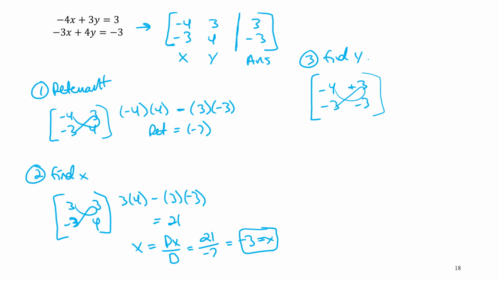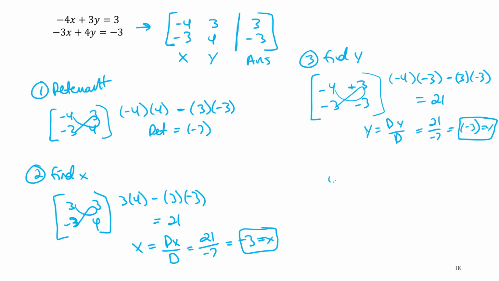Doing our fish, we get -4 times -3 minus 3 times -3, which would equal 21. And doing what we did before, y would equal d of y over d, and 21 divided by -7 would still equal -3, and that would equal y.